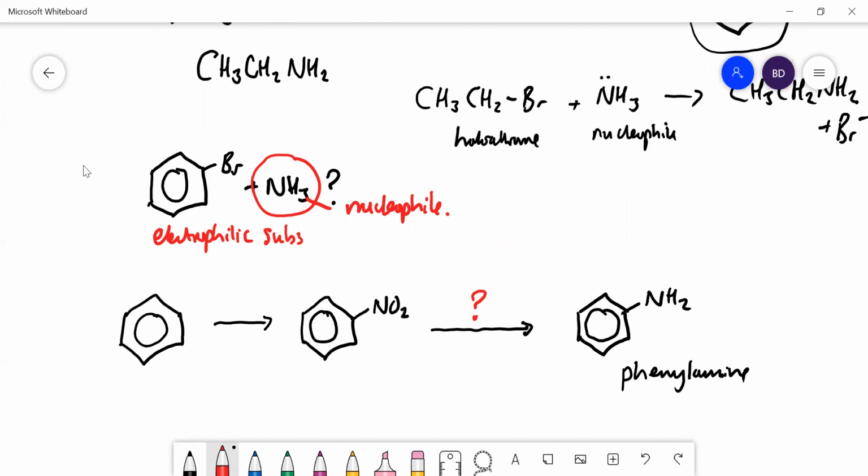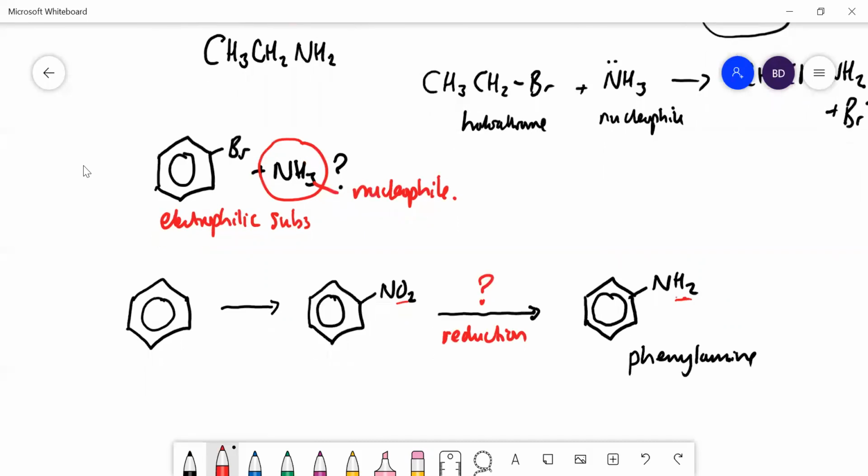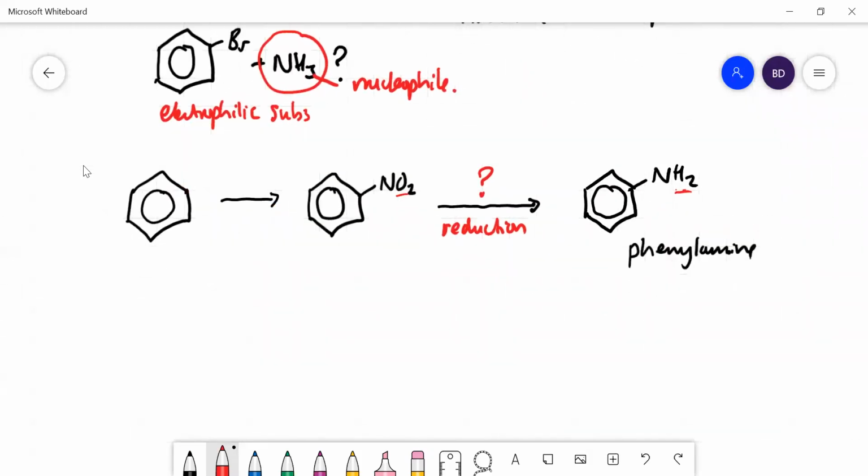Well, we've removed oxygens and we have added hydrogens. So in organic chemistry, removing oxygens or adding hydrogens, as we've seen before, is a reduction. And what reducing agent are we going to use for that?